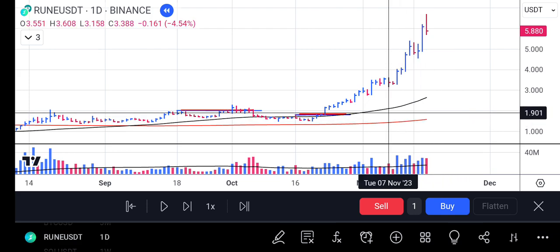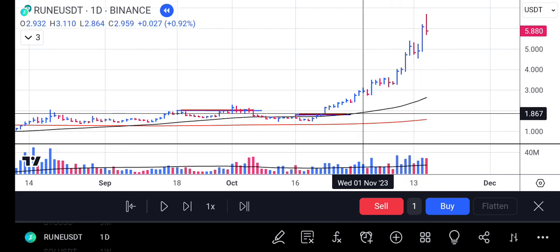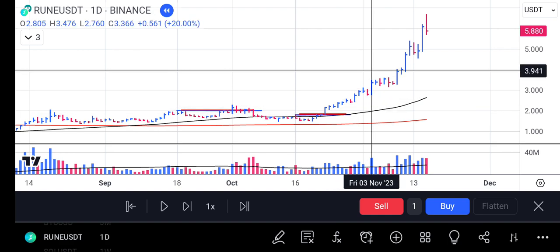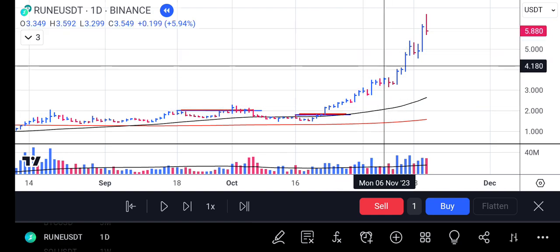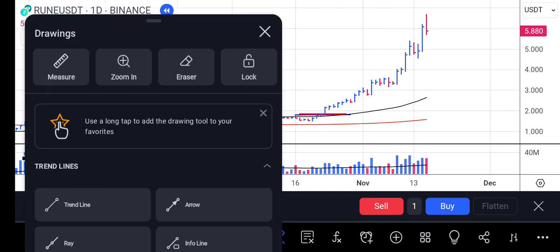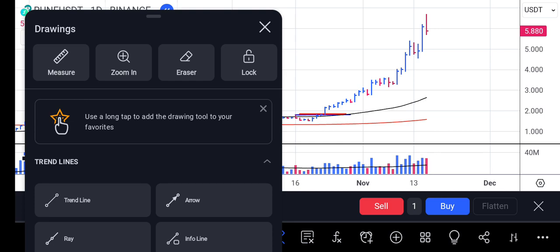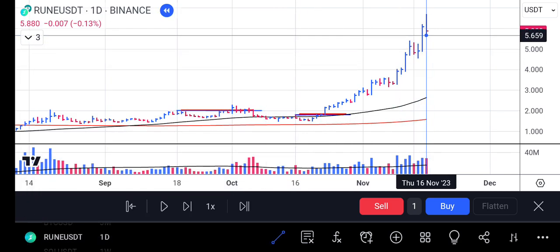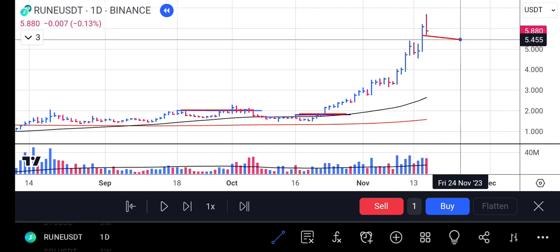What they've bought from this particular area, which is around 1.9, they are now selling at around 5.880. Then I have to do what? I have to initiate a sell order. I move my stop loss below the low of this bar.